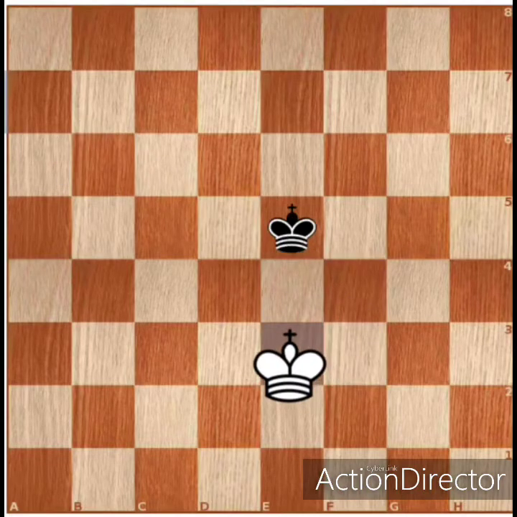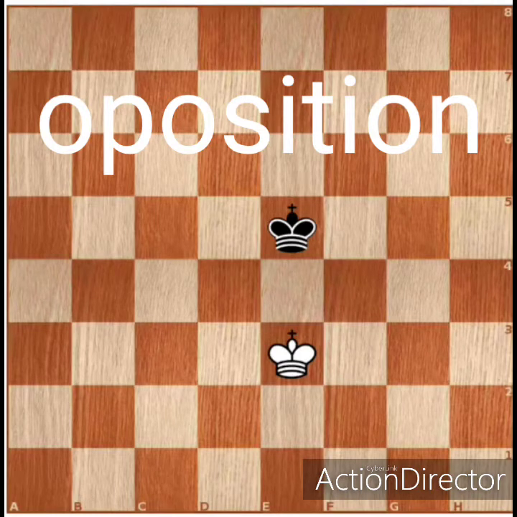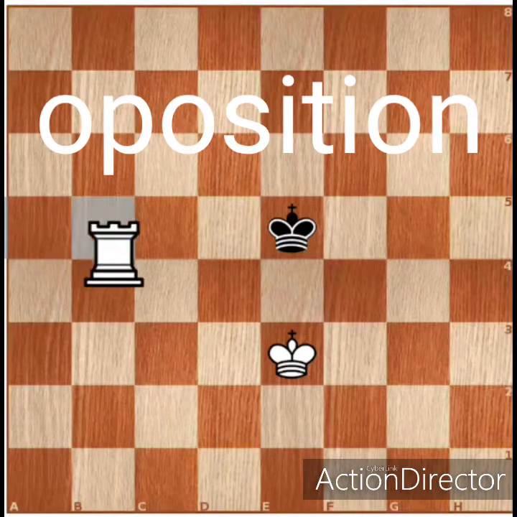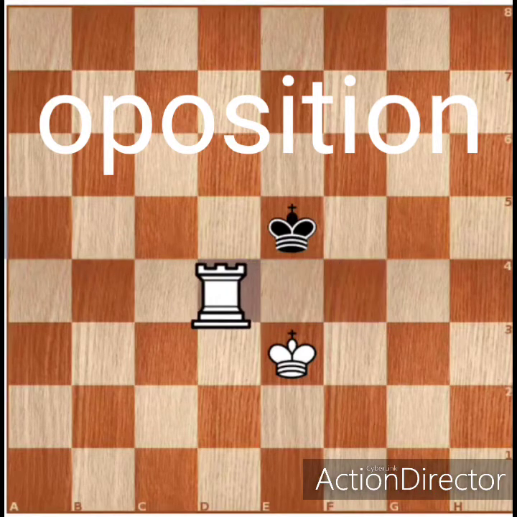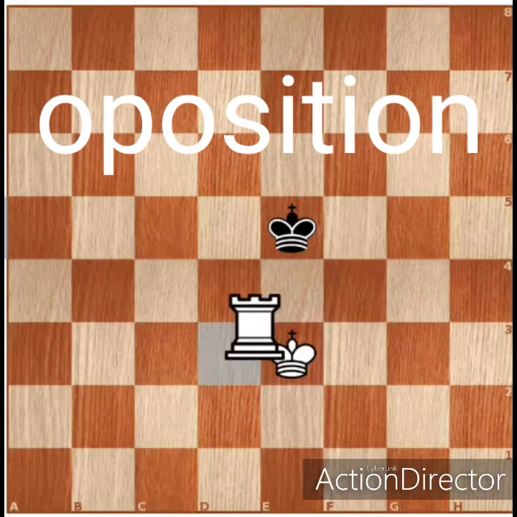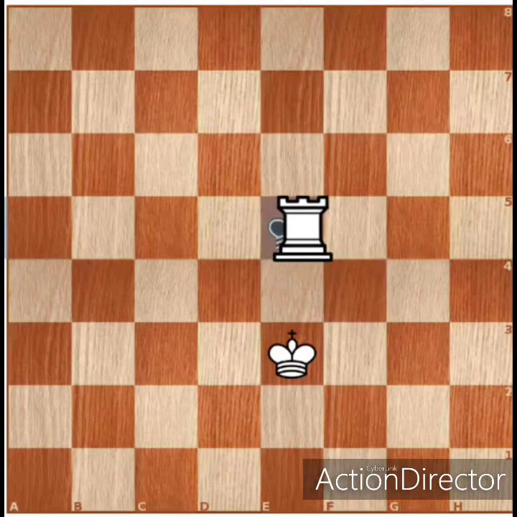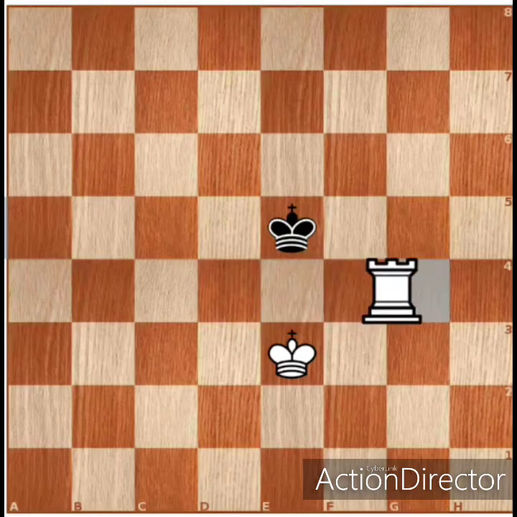If two kings are in this kind of position, then that is called the opposition. Opposition means these 3 squares are protected by both kings. The white king is protecting these 3 squares, and the black king is protecting these 3 squares.